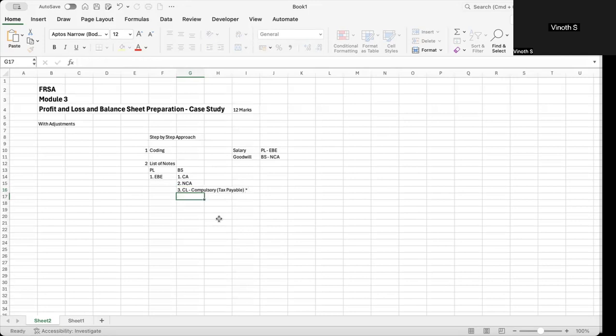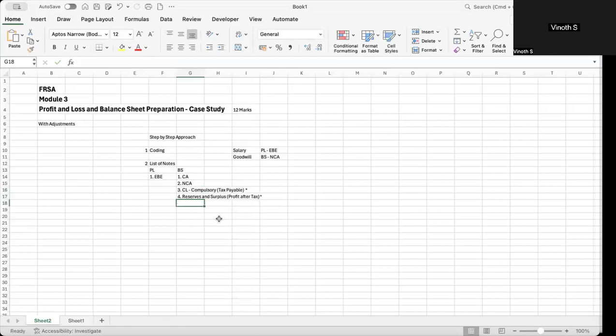Similarly, another compulsory note is reserves and surplus, under which the profit after tax will reflect. In this way I prepare a list of notes, which makes me very clear.